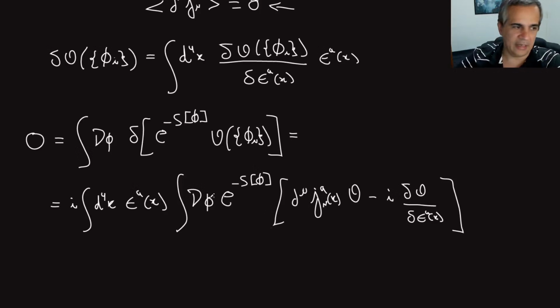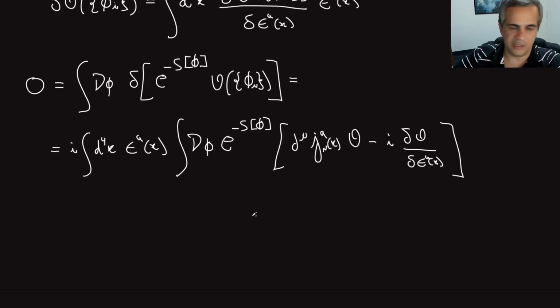And that is again the same story, right? This needs to be 0. This part is arbitrary, so this part needs to be 0, which gives me a generalized Ward identity, right?